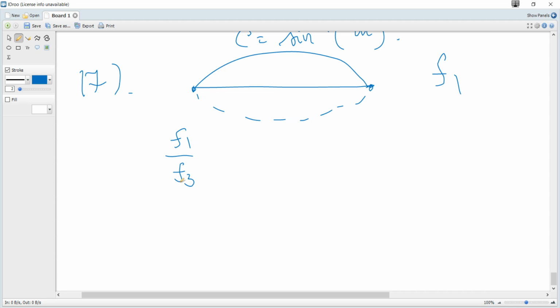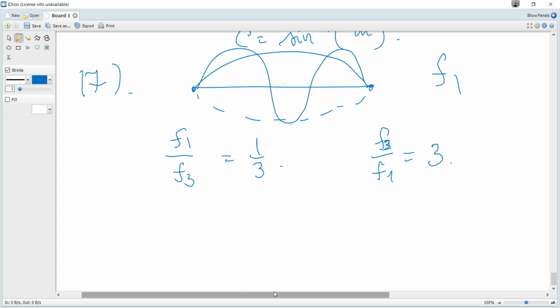Actually it's just by definition: the third harmonic is how many times the frequency of this third harmonic is greater than the frequency of the first. So f3 over f1 is 3 by definition, or you may consider the third harmonic, it looks like this. So definitely it's 1/3. Let's check 17D, yes, it's 1/3.